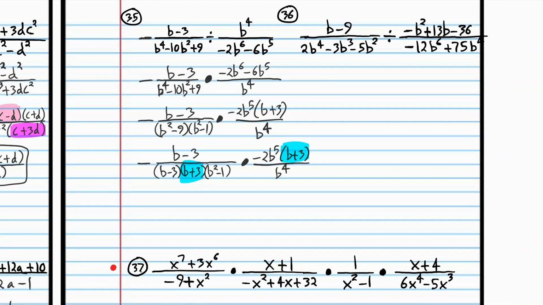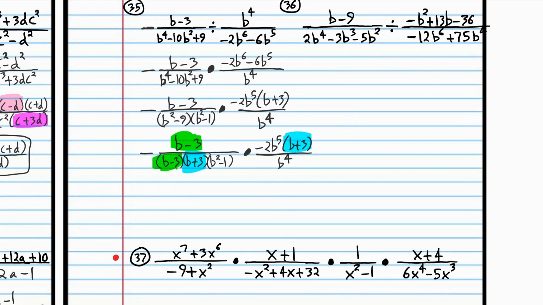Because a b plus 3 popped out and a b minus 3 popped out. And we can also reduce these b's, 5 minus 4, because we're dividing power expressions, so we subtract the powers. And you're left with b on the top, and of course a negative times a negative is a positive. So we're just left with 2b all over b squared minus 1. And I think that's it.